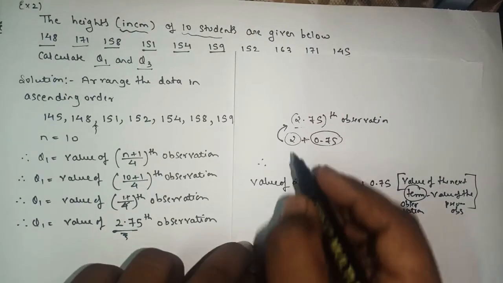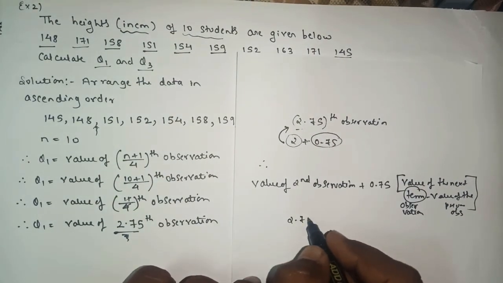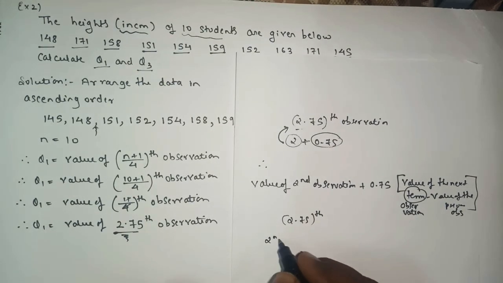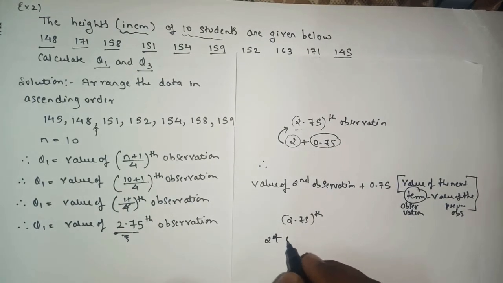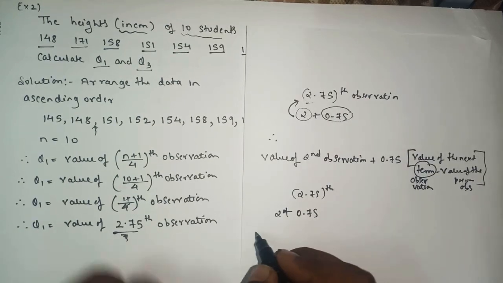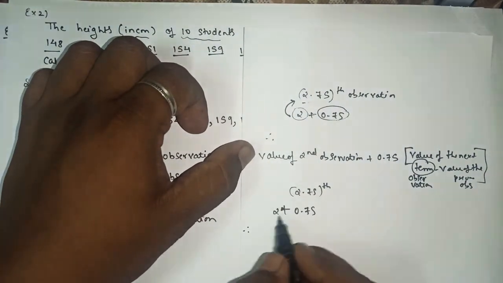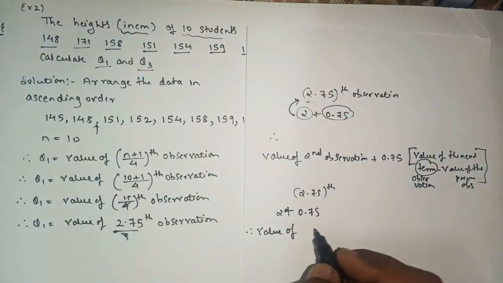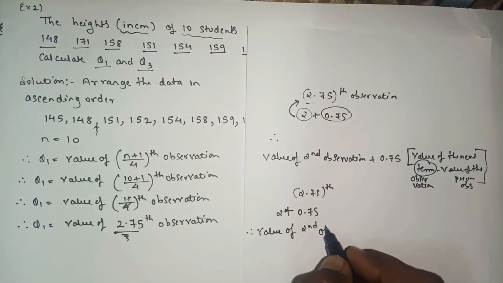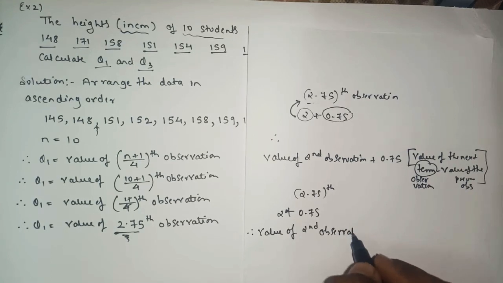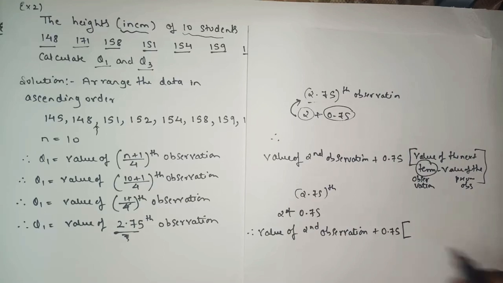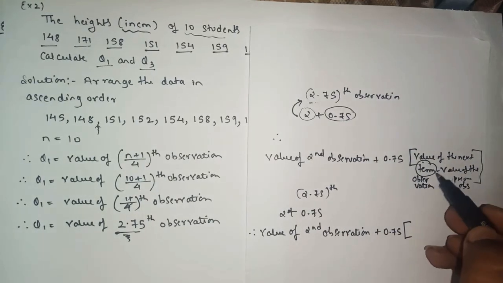Okay, once again I will explain. Suppose here 2.75, I can write this as 2 plus 0.75. Now we'll see how to frame the formula for this. So value of second observation plus 0.75. Here I wrote value of next term.